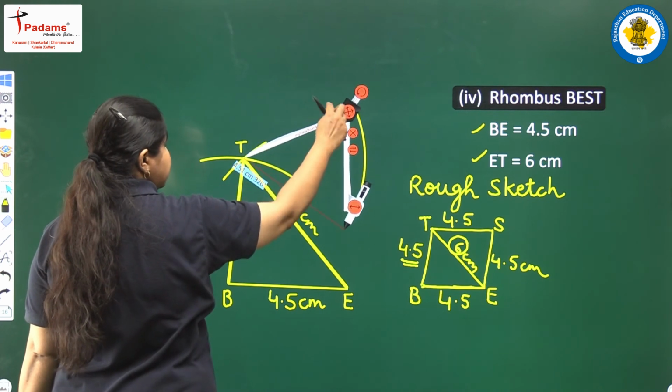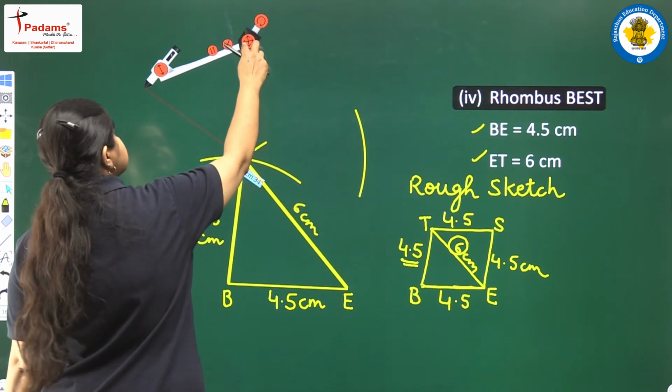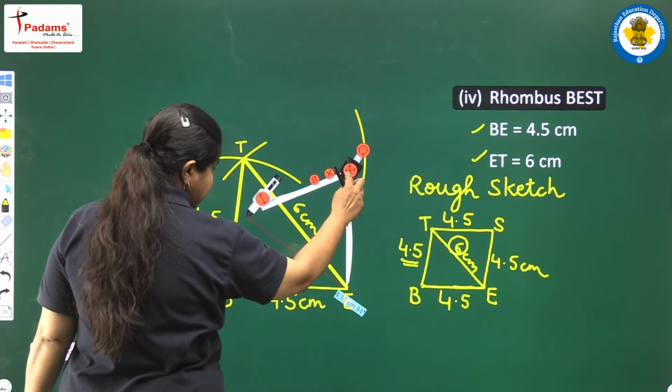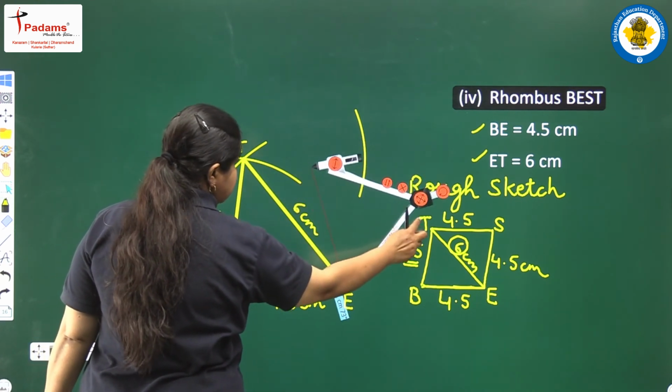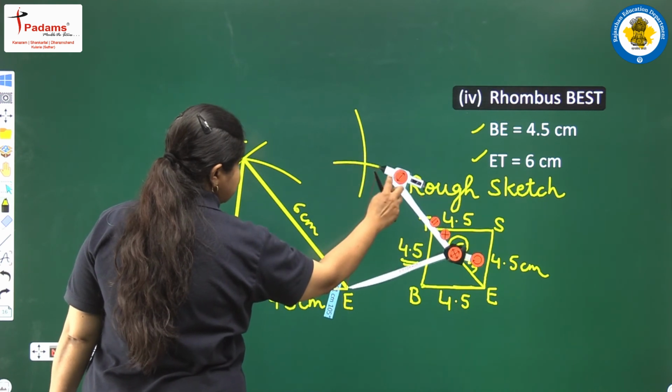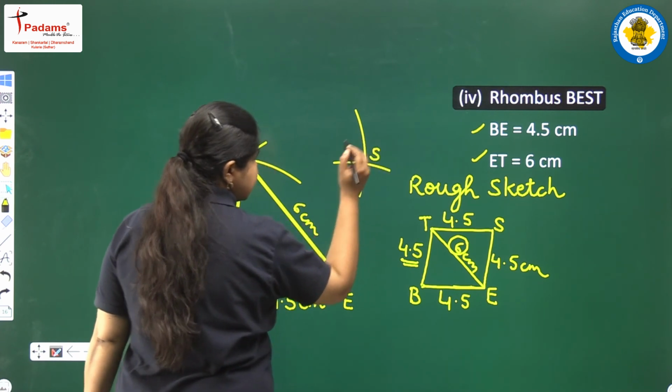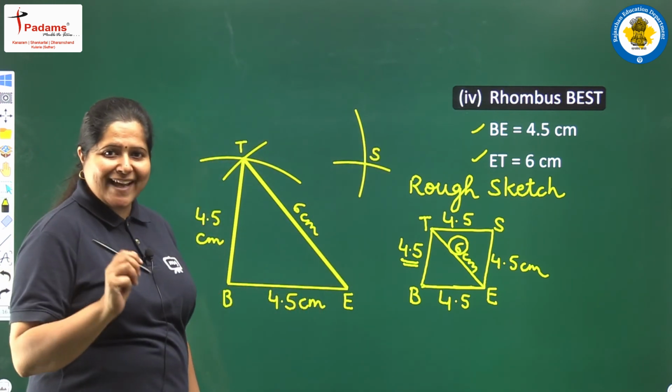Taking it back, interchange the 2 faces, bring it at E. Again with the same measurement, we will draw another arc 4.5 centimeters and with this we get the point of intersection of the 2 arcs as point S.